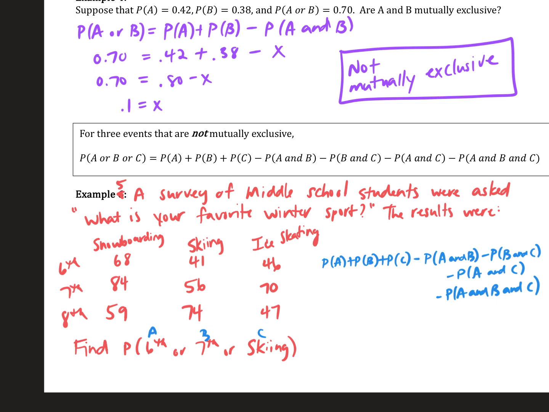All right, probability of A. So, by the way, you would have to also add up all of your columns and rows. That's 211, that's 171. This is 163. And then to the right is 155, 210, and 180. My total is 545. So the probability of A, probability of them being in 6th grade is 155 over 545.